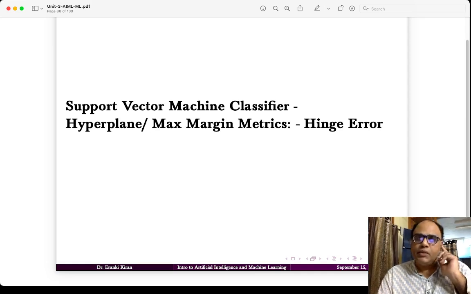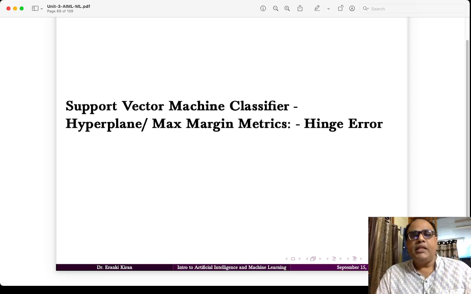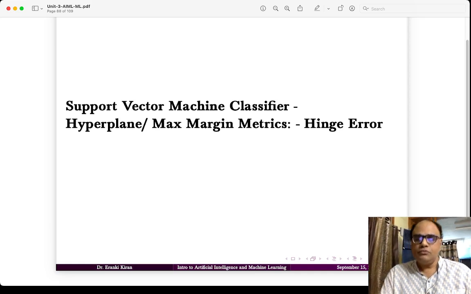It is also otherwise referred to as the maximum margin classifier. The metric that is very popularly used in the support vector machine classifier is called the hinge loss or hinge error. So we'll discuss this classifier in detail.